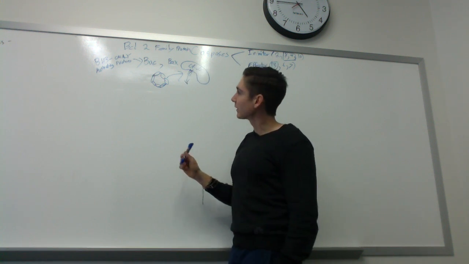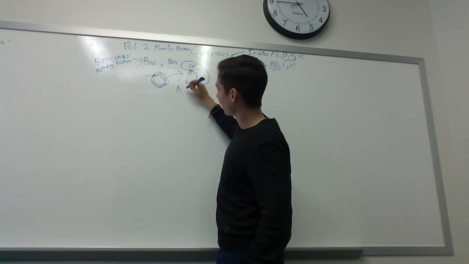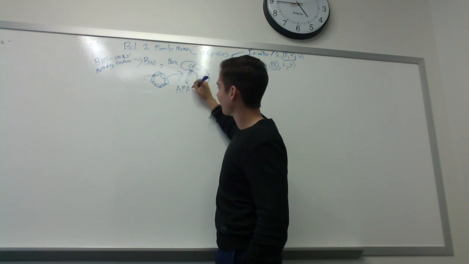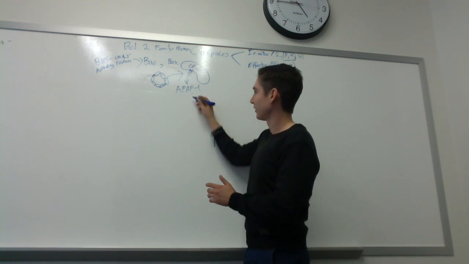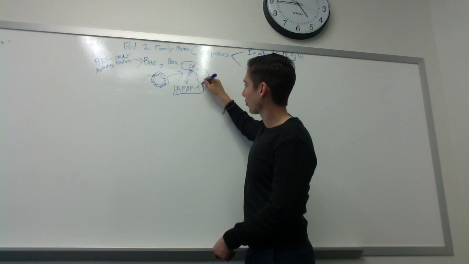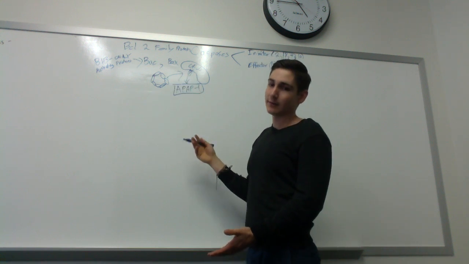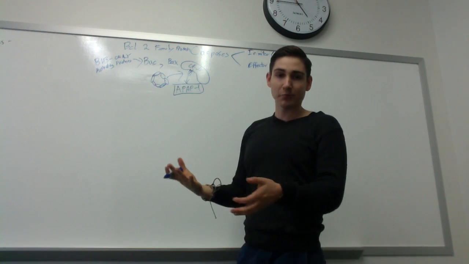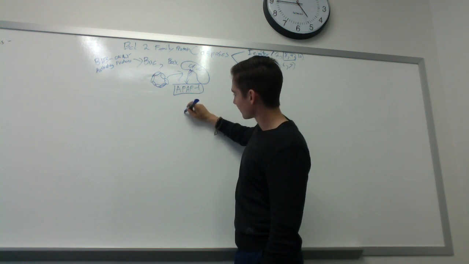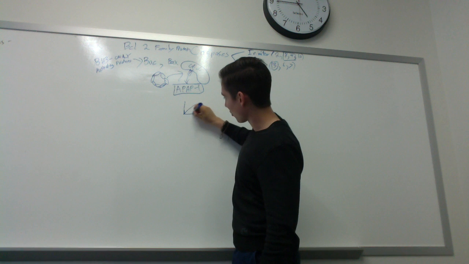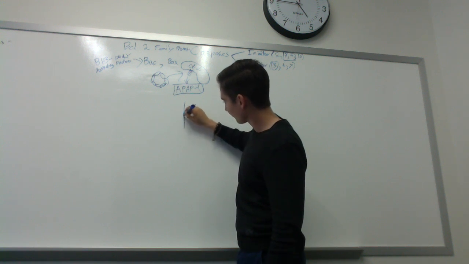Cytochrome C can then bind to apoptotic protease activating factor 1. And when apoptotic protease activating factor 1 becomes activated, it can polymerize as well, and it forms an oligomer, which is like a 7-spoke protein.